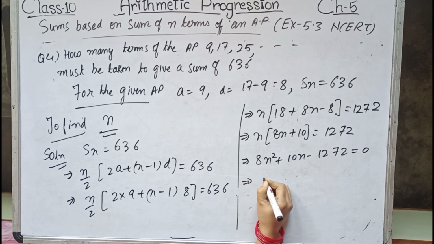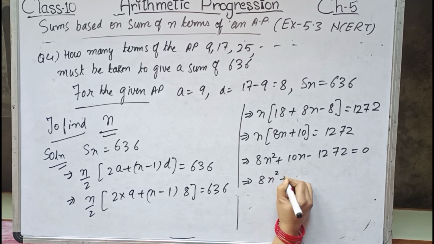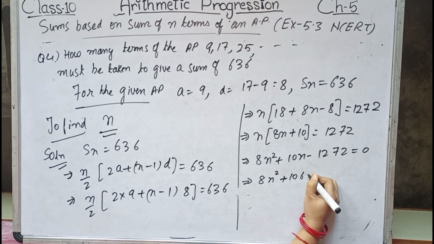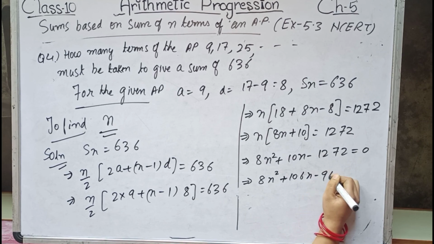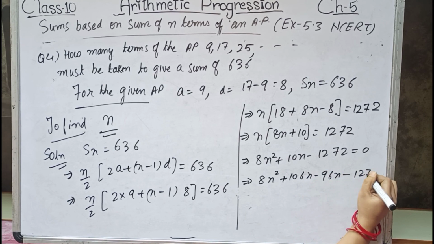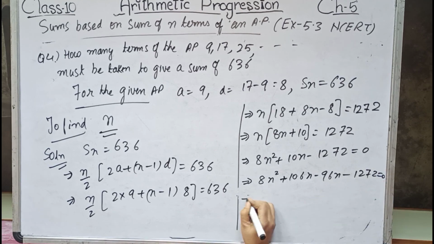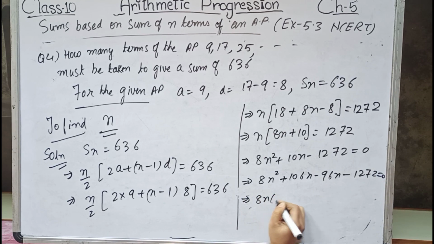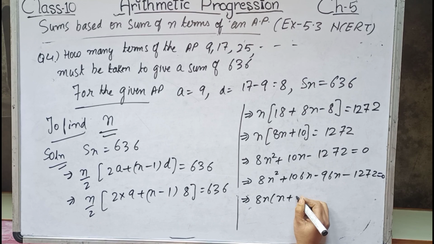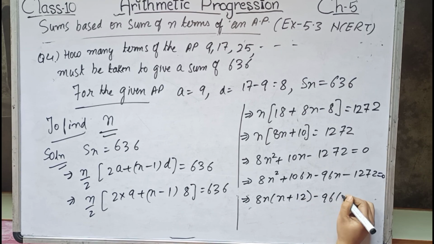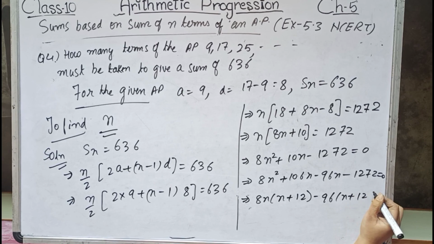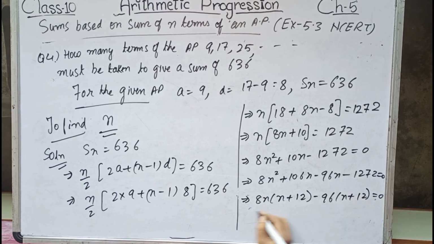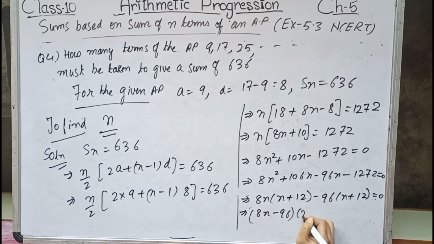So I can write over here, it is 8n square plus 106n minus 96n minus 1272 equals 0. This implies 8n into (n plus 8 ones are 8, 2s are 96... n plus 12) equals 0. This implies (8n minus 96) and (n plus 12) equals 0.